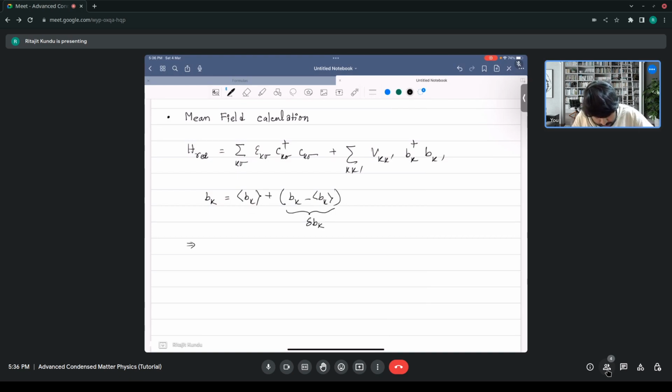So the Bk operator is written as Bk expectation plus delta Bk. Similarly, I'll also write for the Bk dagger, which is Bk dagger expectation plus delta Bk dagger. Okay, so I'll plug this expression into my reduced BCS theory, and I'll keep only up to order delta Bk.